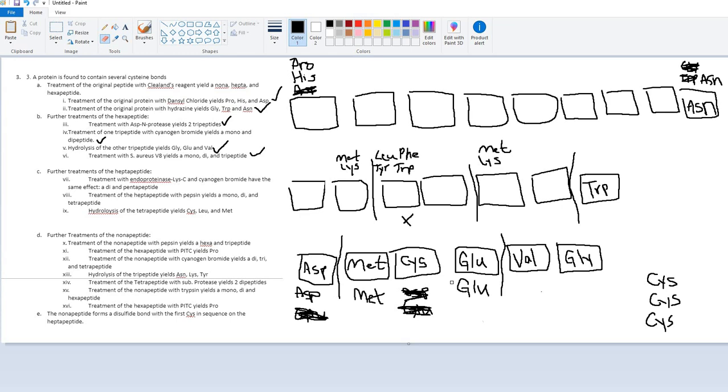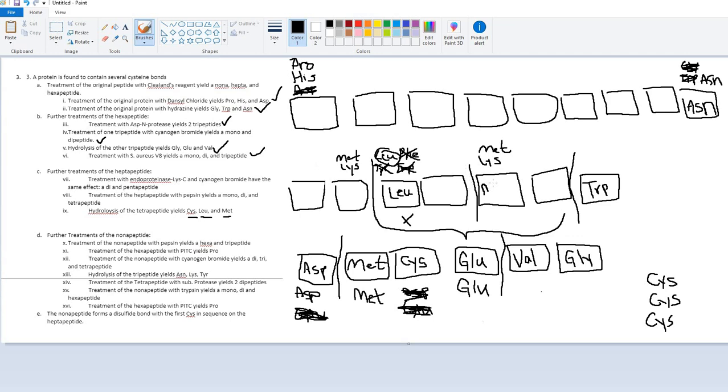And it also says that hydrolysis of the tetrapeptide yields a cysteine, a leucine, and a methionine. So we know that rules out all these 3 amino acids, and it leaves the leucine. So this is a leucine. We also know that this is the tetrapeptide because that was the only spot it could be. And it says that this tetrapeptide contains the methionine and the cysteine.